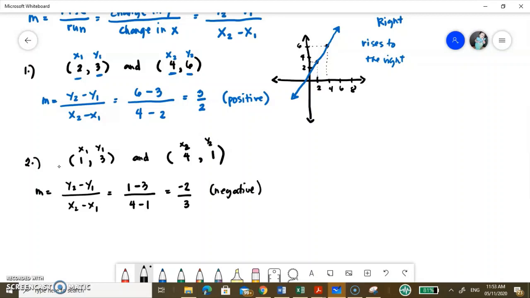Let's see kung ano yung itsura niya kapag atin siyang i-graph. So, let's plot the first point. First point natin ay x is 1 and y is 3. So, dito siya. Hindi siya straight. And the next is x is 4, y is 1.